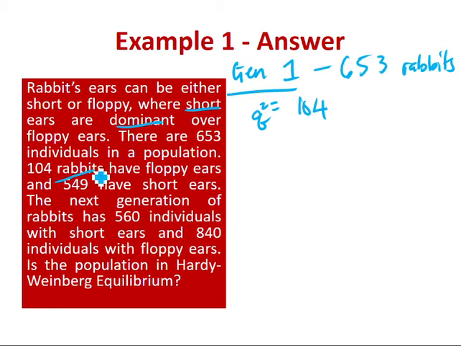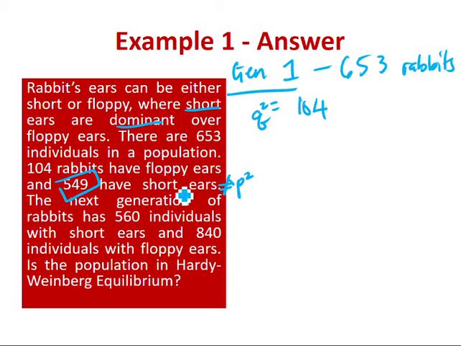Remember, 549 is not p squared. Don't start with the dominant numbers, the rabbits or individuals in the question. Always start with the recessive. Read the question carefully. Rabbit ears can be either short or floppy. Short are dominant over floppy ears, so floppy ears are recessive.